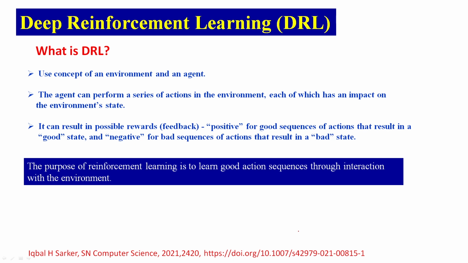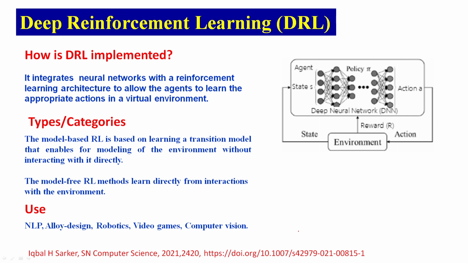So, it can lead to good actions or bad actions, okay, in good states or bad states. So, the purpose of reinforced learning is to learn a good action sequence for interaction with the environment. That is what it is. We want to have positive feedback, not negative feedback, okay. But the actions can have both. So, therefore, the agent will learn from both, and that is what is called the deep reinforced learning technique. Okay. So, now how is it implemented?